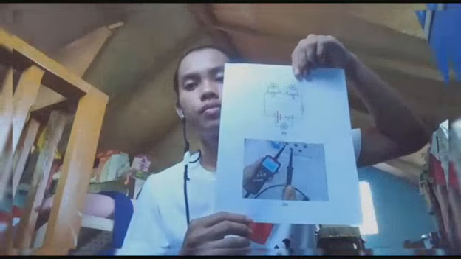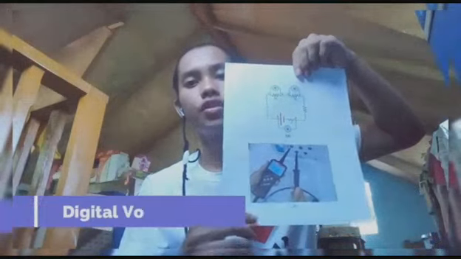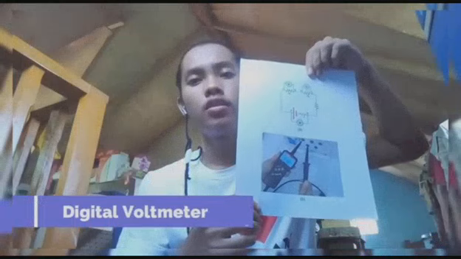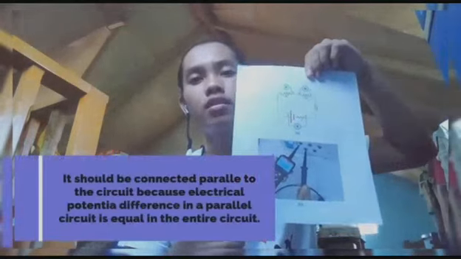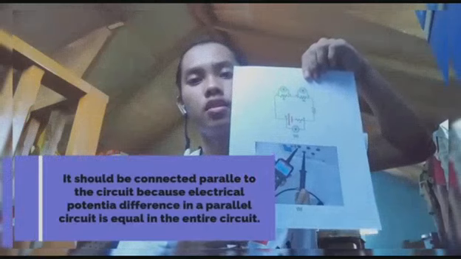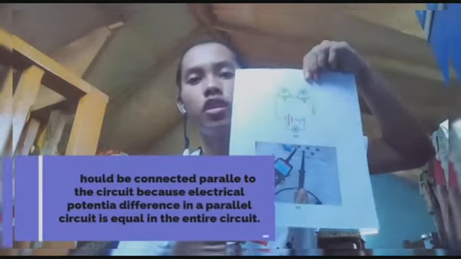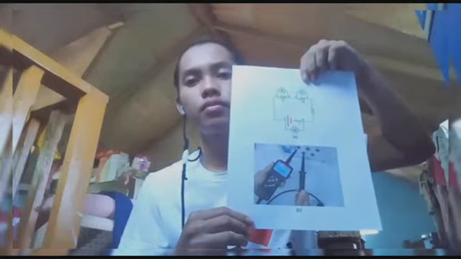In this picture, you can see a connection that is used to utilize a digital voltmeter. A voltmeter should be connected in parallel in a circuit. It is essential because voltage in a parallel circuit experiences equal or the same electrical potential difference.